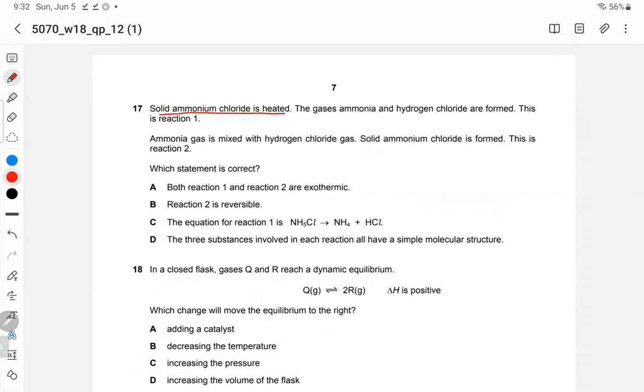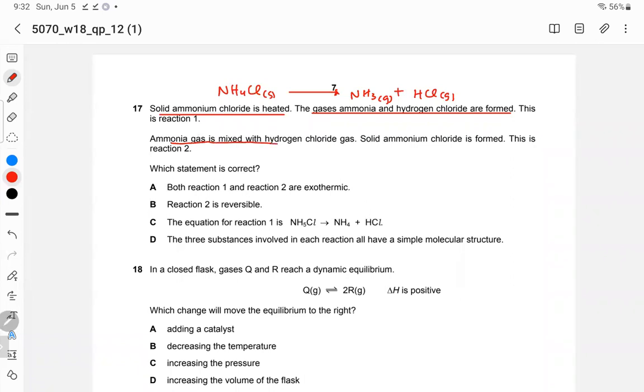Solid ammonium chloride is heated. It's NH4Cl. The gases ammonia and hydrogen chloride are formed. It means ammonia and HCl both have a gaseous state. This is reaction 1.